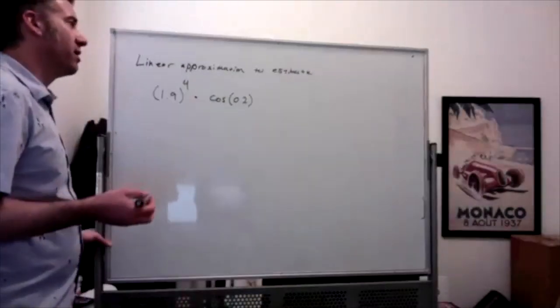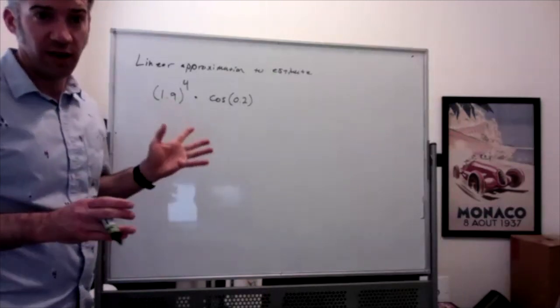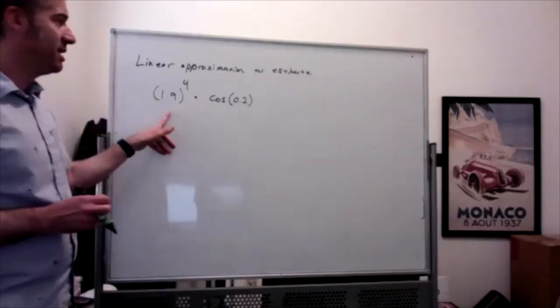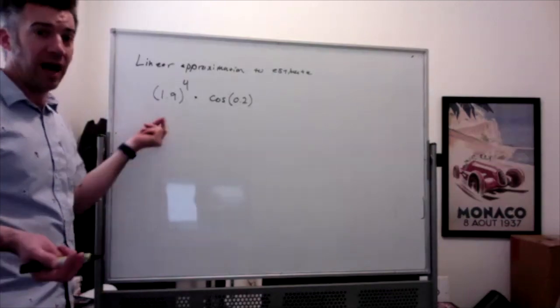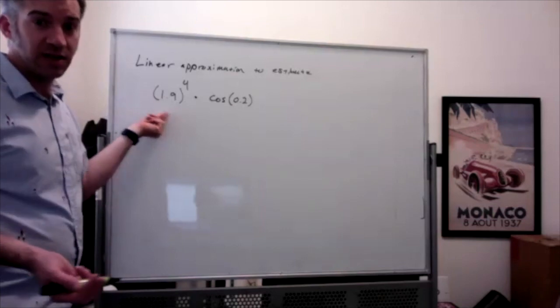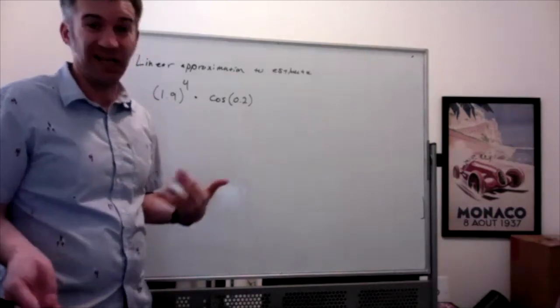The only thing here is that, since we're trying to estimate this, we actually have to come up with the function ourselves. Looking at this, I see a number where I'd rather not plug: 1.9 to the fourth is hard. The number I want to plug in is actually 2. Similarly, cosine of 0.2, I have no clue. I want to plug in cosine of 0.